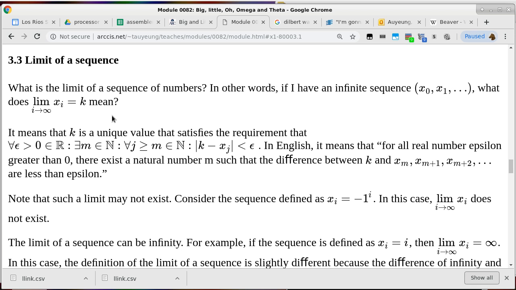You can start with 0.5, and depending on what series we are talking about, with epsilon being 0.5, you might find that m has to be at least 500. So x_500, k minus x_500 is going to be less than epsilon. k minus x_501 is going to be less than epsilon. In fact, if you look at everything to the right-hand side of x_500, when you take the absolute value of k minus x_500, it is going to be less than epsilon.